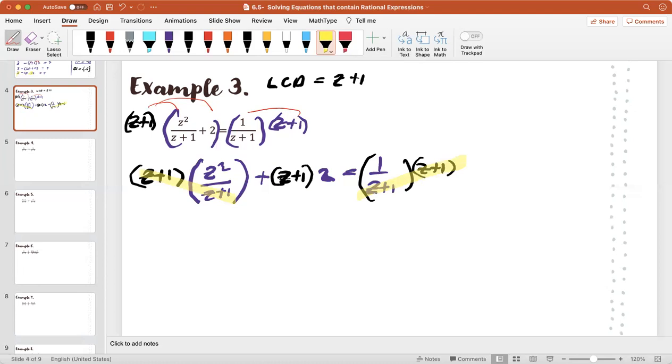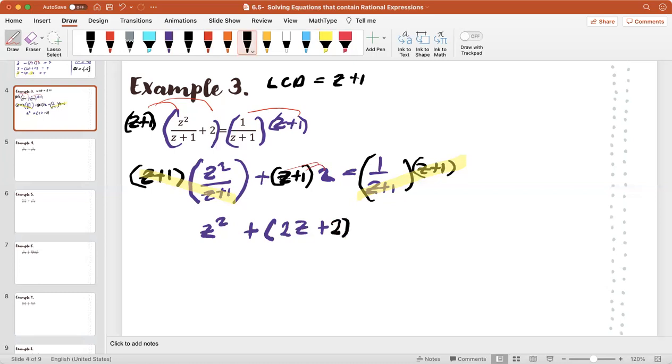And the result is simply z squared plus z times 2. By the distributive property, let's enclose that with parentheses and see if we need to change or not. 2z, 1 times 2, 2. That will be plus 2.